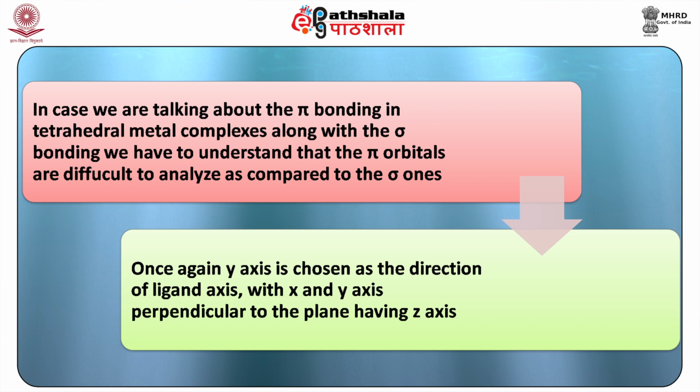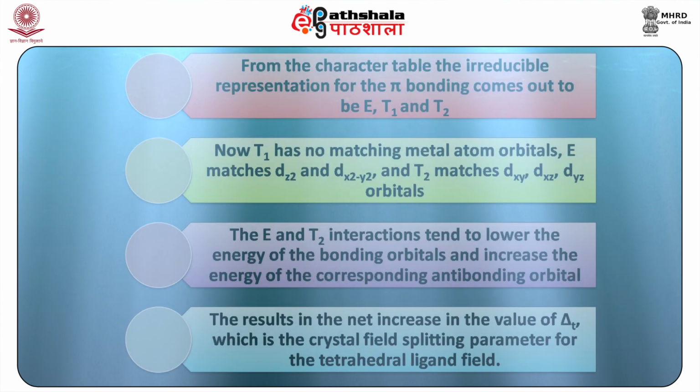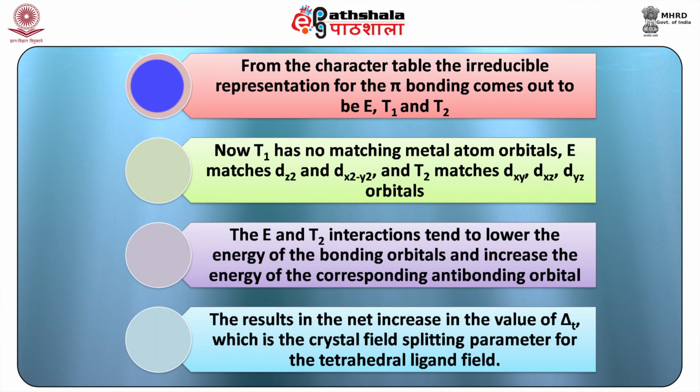From the character table, the irreducible representation for the pi bonding comes out to be E, T1 and T2. Now, T1 has no matching metal atom orbitals. E matches that of dz squared and dx squared minus y squared.